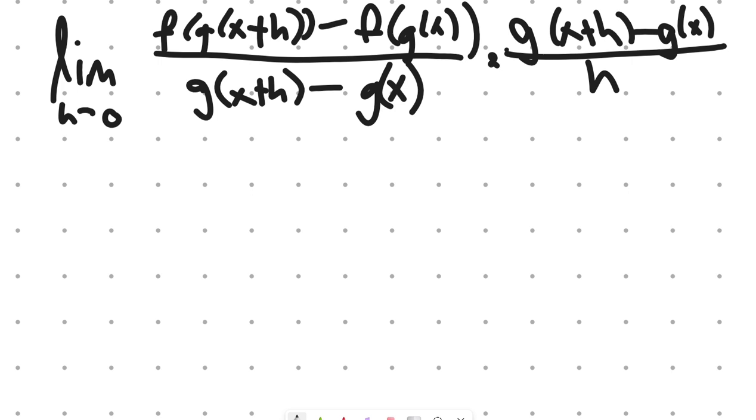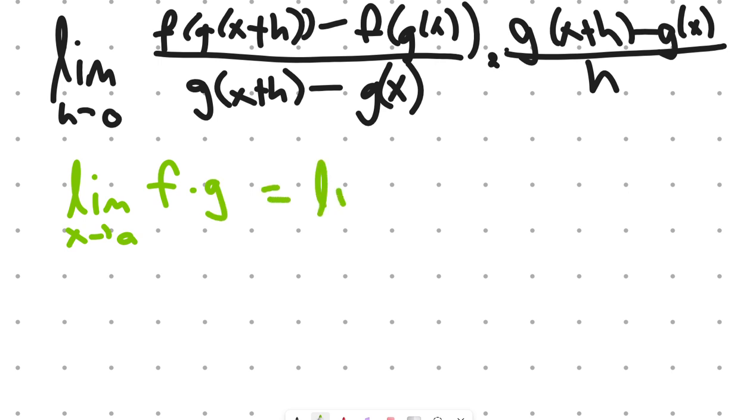The limit of x going to any number a of, let's say, f times g is just the limit as x approaches a of f times the limit as x approaches a of g.